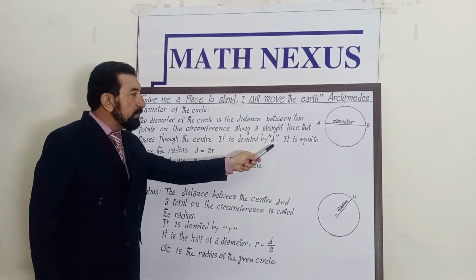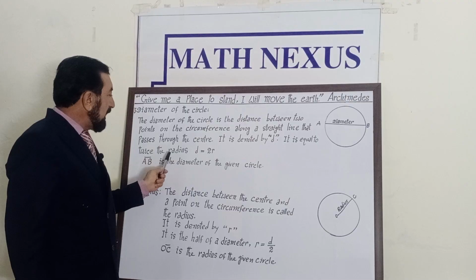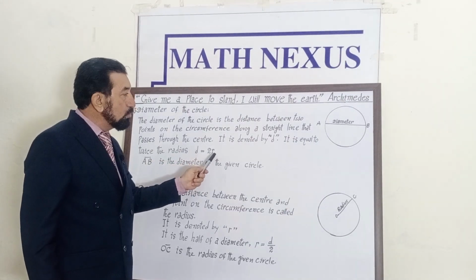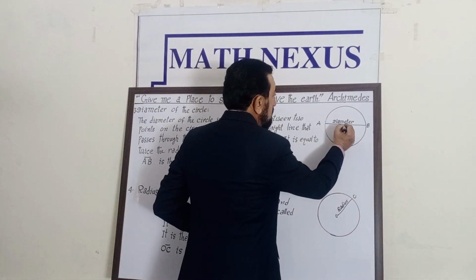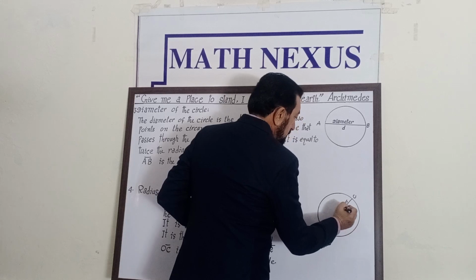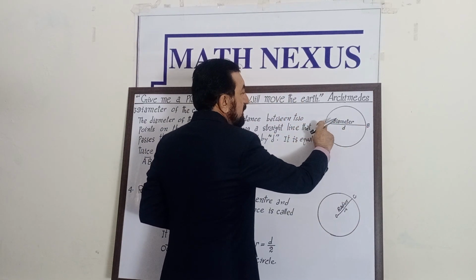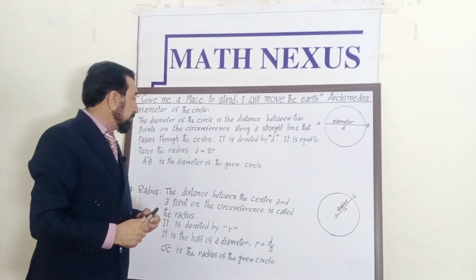It is denoted by small d, and it is equal to twice the radius of the circle. D is equal to 2r. This is diameter and this is radius. These are 2 points A and B, and the line is crossing along the center.